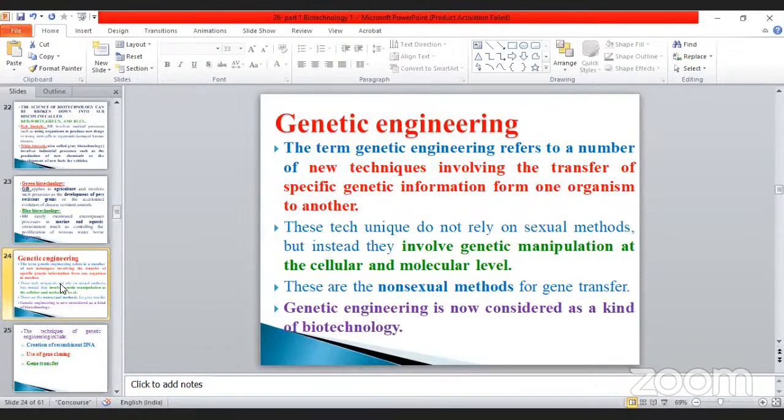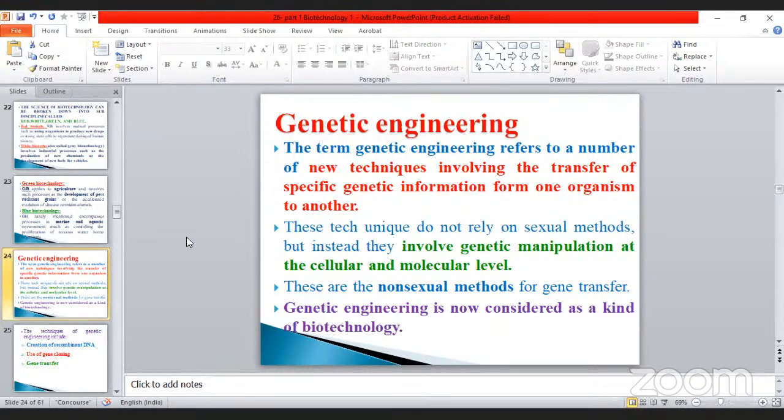We can identify the particular characteristic genes and cut them with the help of molecular scissors, and then they may be united with the help of the technology called hybridization, with the help of the enzyme called DNA ligase. After that, it will be introduced into the specific host. Then replication also proceeds. Okay. So this is very, very important, my dear students.